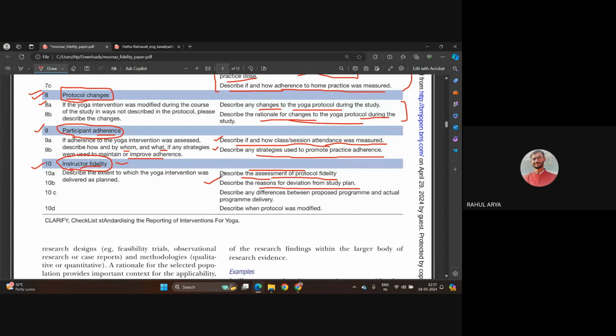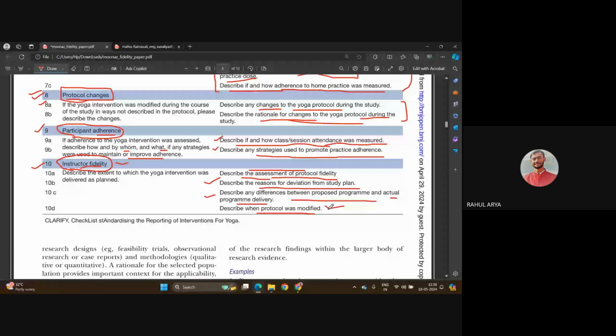Summer vacations come. If summer vacations come, all students will go home. How will you provide the practice? Because of that, you reduce the time period, you reduce the duration of the study. That thing, if it happens in your study, you have to mention and explain why you deviated. Next is describe any difference between proposed program and actual program. Same thing which I told you, because of the vacations you deviate.